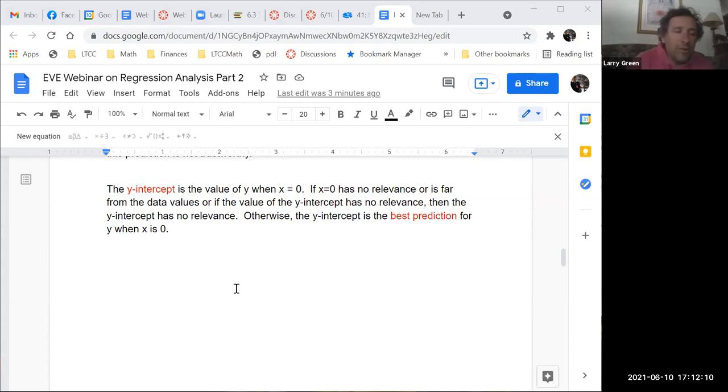And most importantly, we want to see, is there a correlation between the two variables? If there's a correlation between the two variables, at least the regression line is somewhat helpful. Whereas if there's no correlation, then the regression line is worthless. Any questions on that?